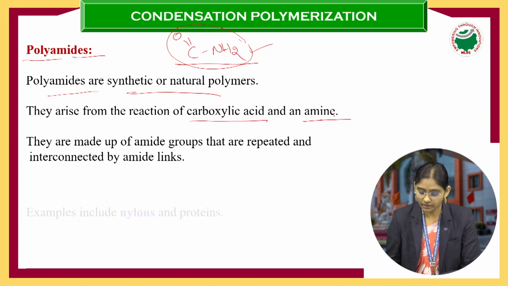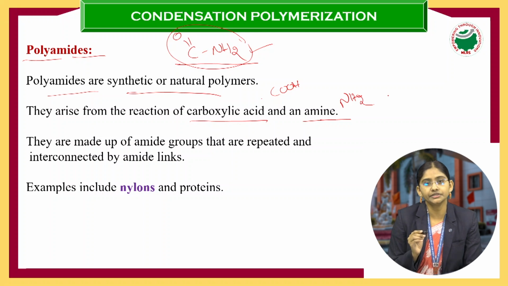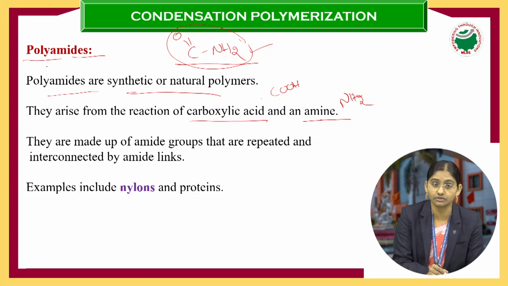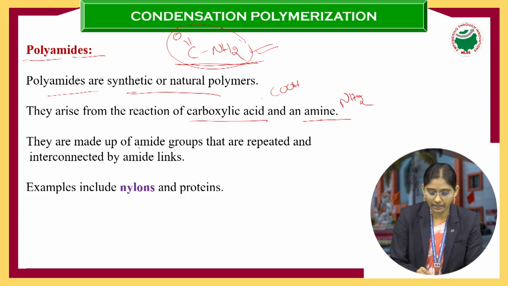What is the carboxylic acid functional group? Carboxylic acid means COOH, and amine means NH2. When the reaction takes place between the carboxylic acid and amine groups, it leads to the formation of a polyamide. That means the amide, CONH2. So they are made up of amide groups.